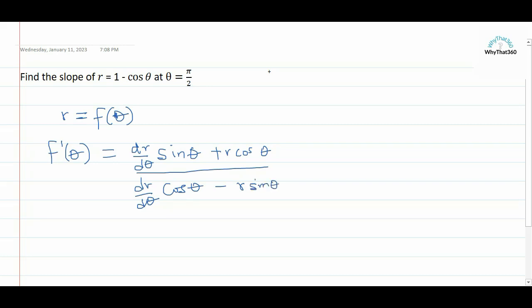Now that we know the formula, we can go ahead and find the slope.